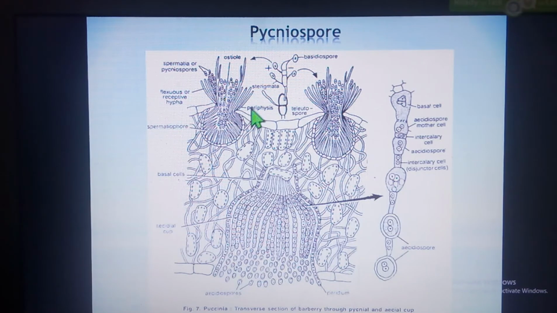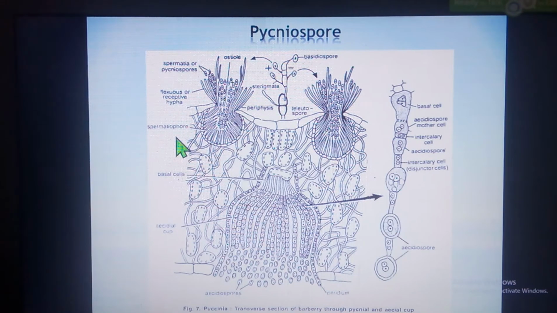So, the bottom of the inner side of the pycnium is lined by many uninucleate tapering cells. You can see these tapering cells here. These tapering cells which are lined below are referred to as the spermatophores or the pycnophores.